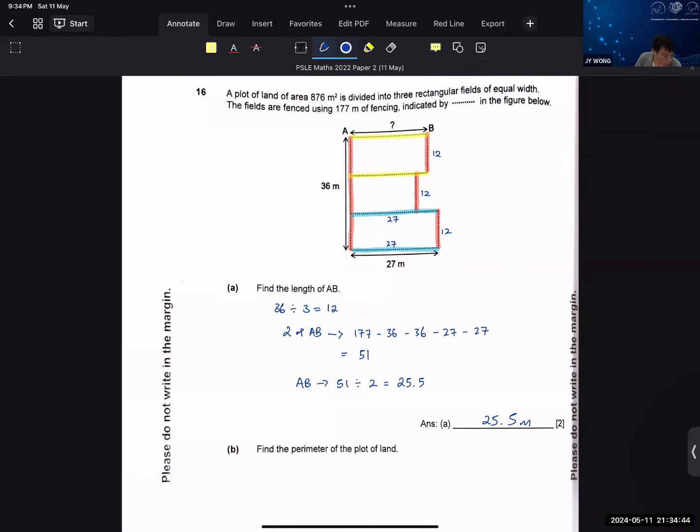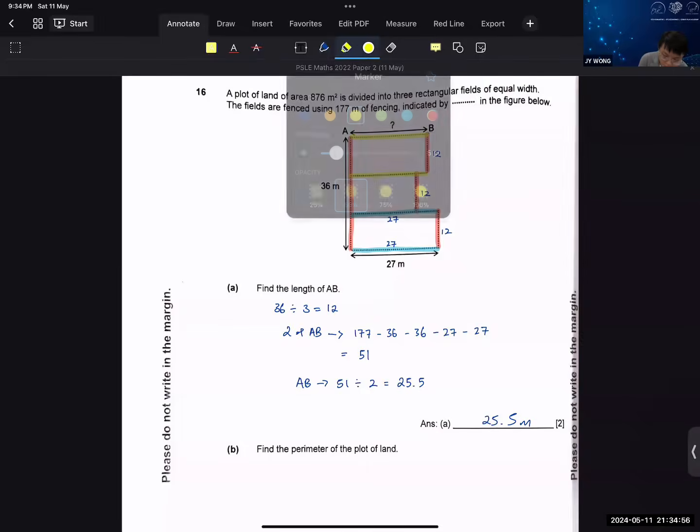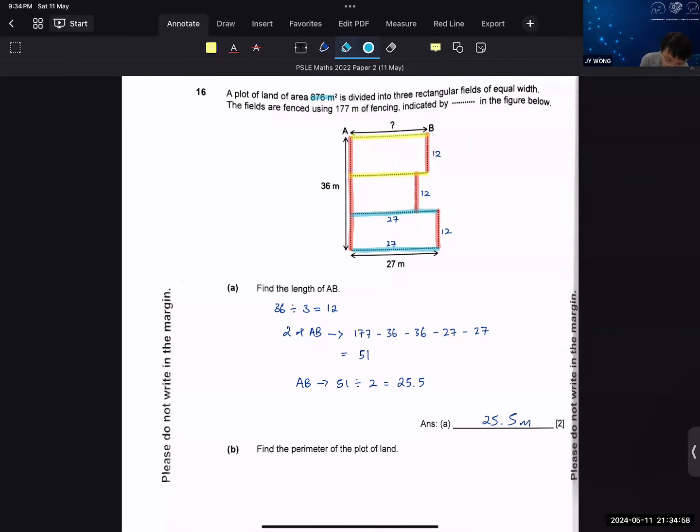B. Find the perimeter of the plot of land. This one a bit annoying. It's 3 marks, but it's very tedious. You cannot find the perimeter of the plot of land directly because they give you area. So you need to ask yourself, what are the parts that you do not have?